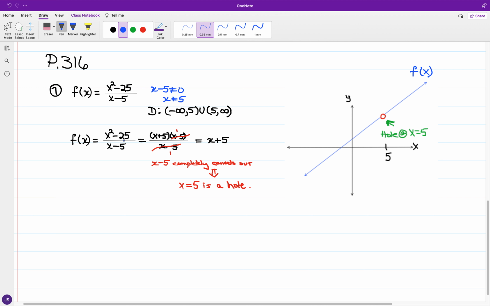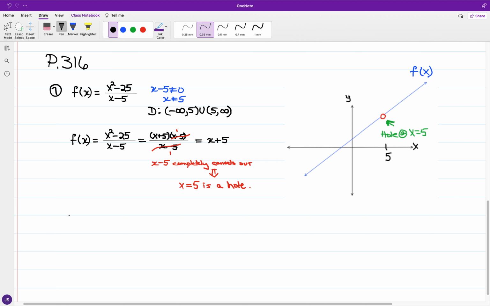But because of the original formation with the ratio, I had that restriction that the denominator cannot be 0. So 5 is excluded and cannot be part of the graph. And with the factor canceling out, we end up with a hole in the graph, because of that restriction and with x minus 5 canceling.